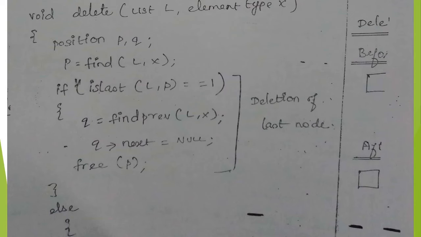So the node P will be removed from the list, and the memory allocated for the node P is not needed anymore, so it will be removed by using the free command.